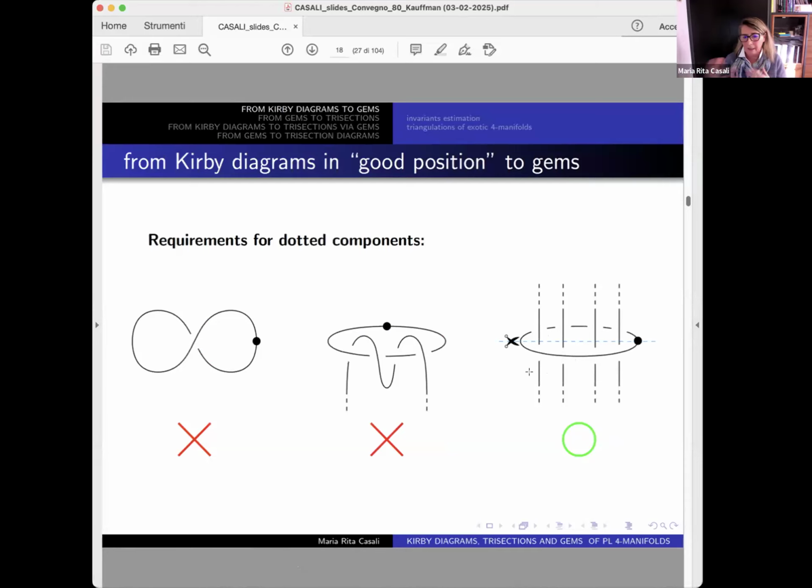Obviously, by suitably arranging handles and possibly using Reidemeister moves, we can always assume that a compact orientable PL 4-manifold is represented by a Kirby diagram satisfying these conditions.